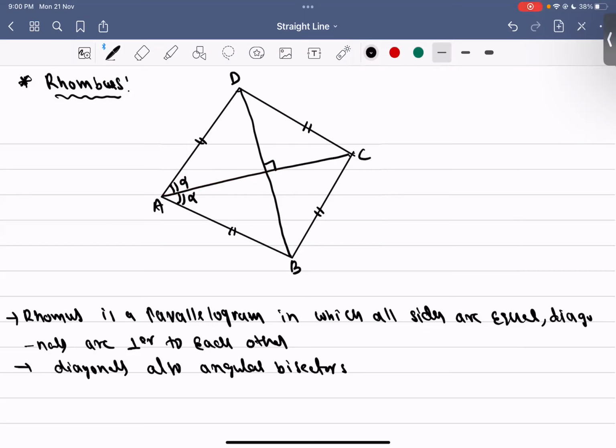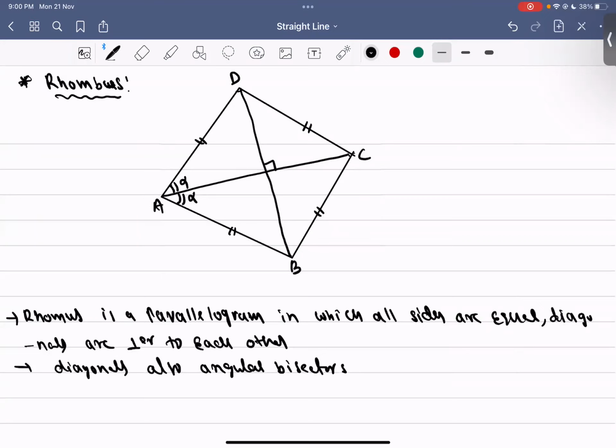In general, diagonals are not equal in a rhombus. But a square is also a rhombus, and in it the diagonals are equal. A square is a special case of a rhombus.